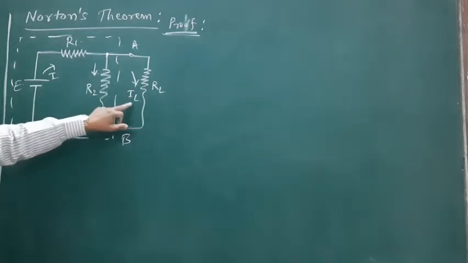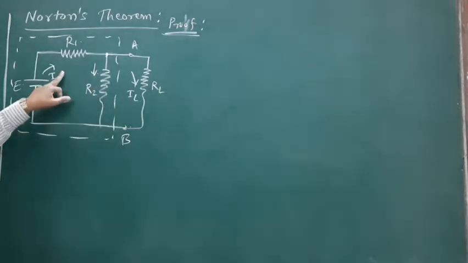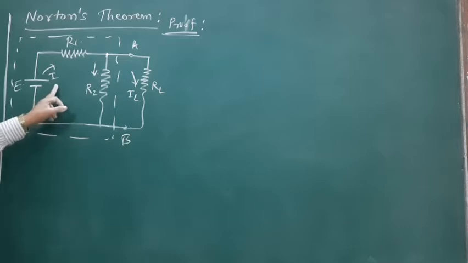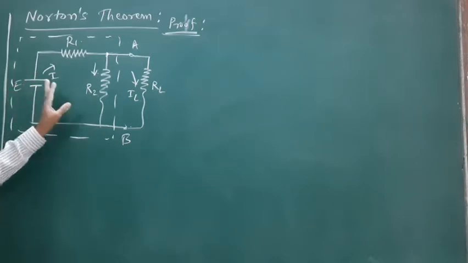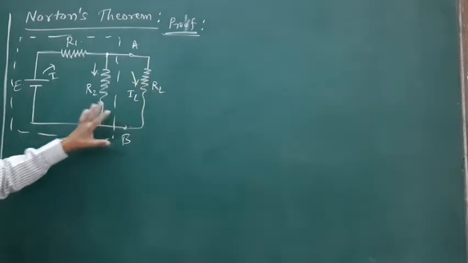Before obtaining the expression for IL, first we have to find the value of I, the total current drawn from the source. To find it, we must first know the total resistance of the circuit.